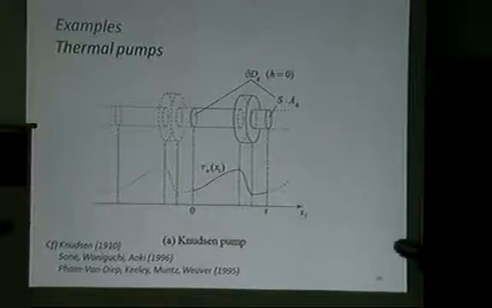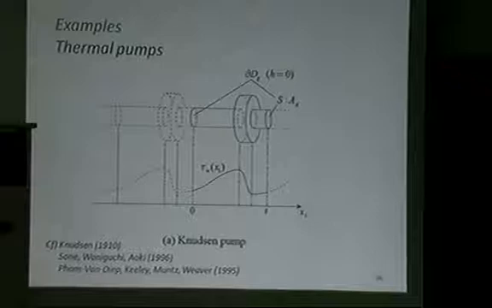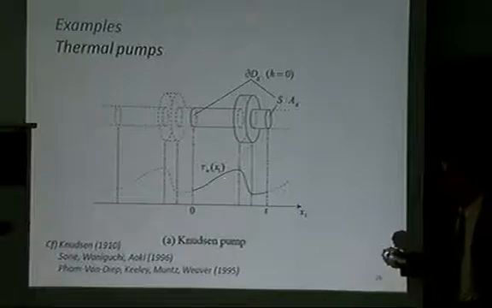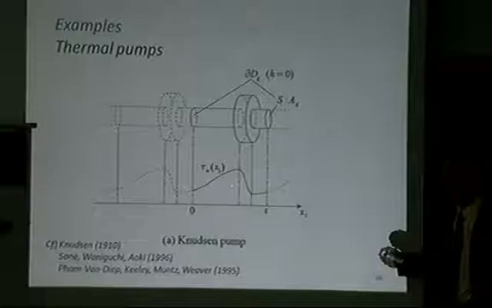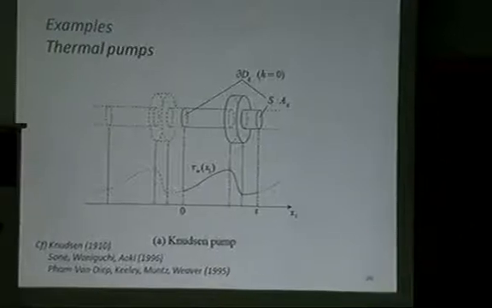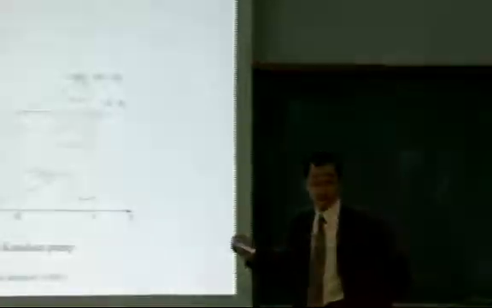In total, it has this saw-type periodic temperature distribution. Then what happens? This means the temperature gradient is from left to right. So in this part, thermal transpiration occurs from left to right.